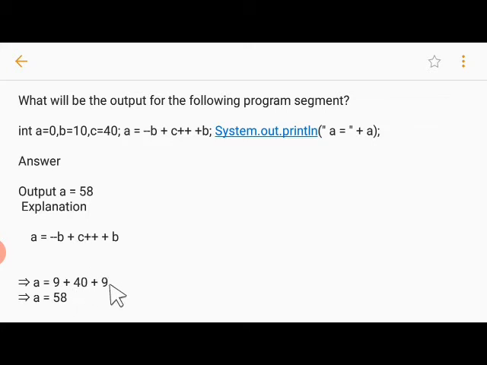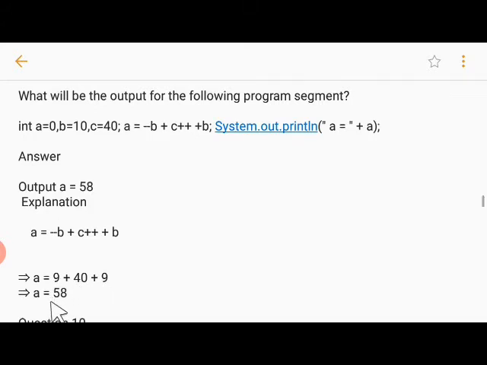After that, plus b, which has been reduced to 9, so it will maintain its value 9. So finally what do we get here? 9 plus 40 plus 9. 40 plus 9 is 49. 49 plus 9 is 58. So a has the value 58.